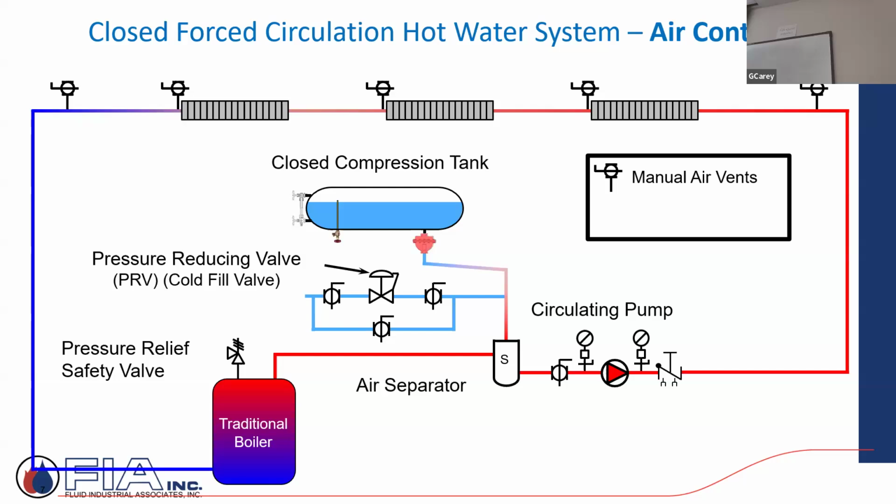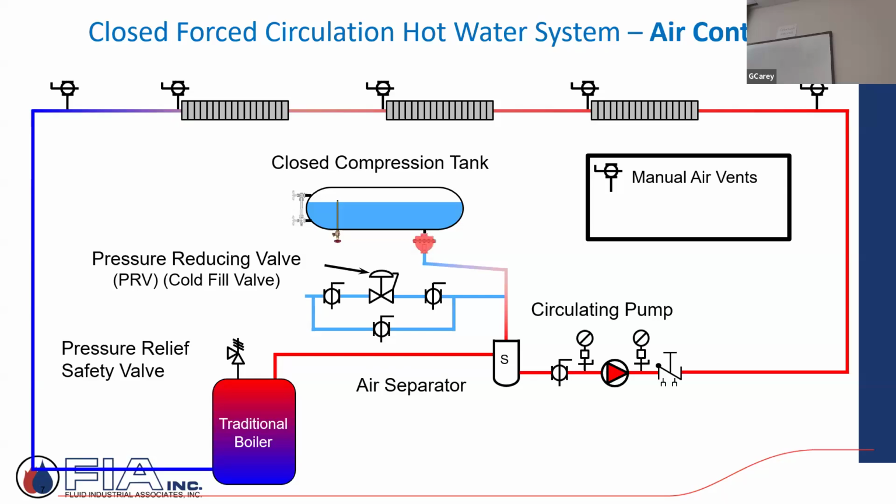So closed forced circulation, adding circulators, again, almost just from a historical perspective: these expansion tanks would have been called a closed steel compression tank. Old school, it was referenced under a technology called air control.